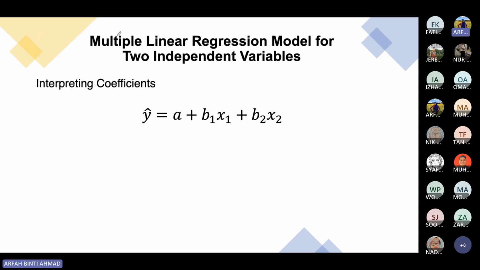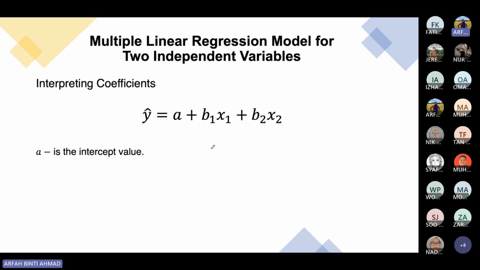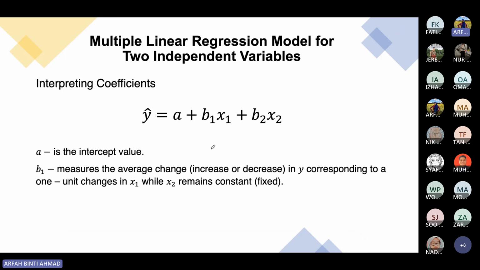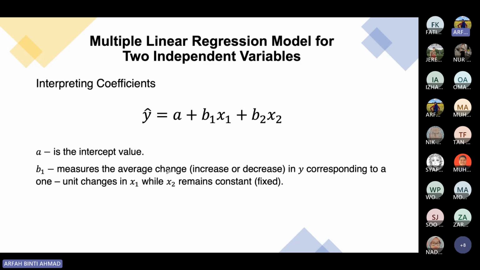let's take a look at the coefficients, how we are going to interpret each coefficient in the regression model. So, a is the intercept value, and b1 measures the average change, the increase or decrease in y corresponding to a 1 unit change in x1, while x2 remains constant. Okay, the same goes with simple linear regression.